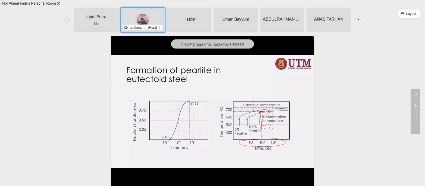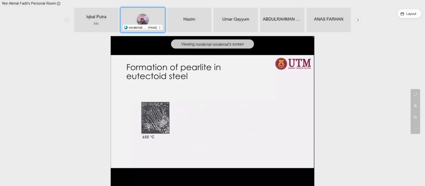Don't go for 1000 seconds, because if you go until 1000 seconds, it means the austenite has completely transformed into pearlite. So there's no more austenite, and if there's no more austenite, whatever changes you make, it will remain unchanged. So you need to know what time is suitable if you want a certain fraction of whatever phases you want.